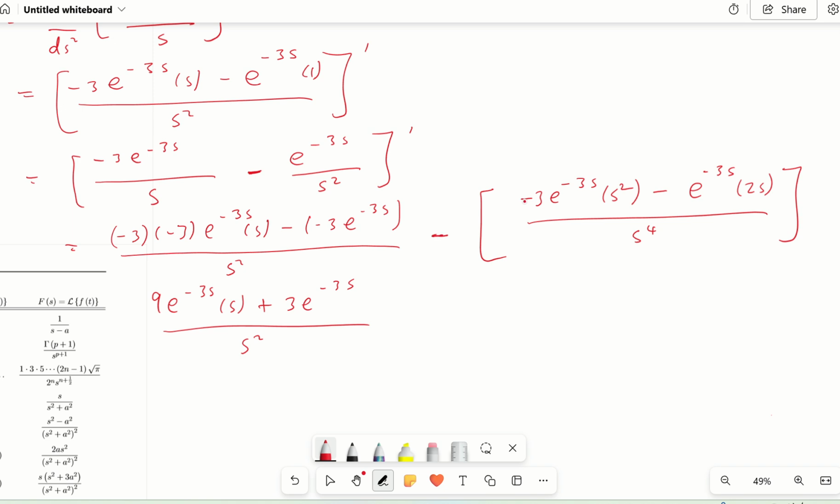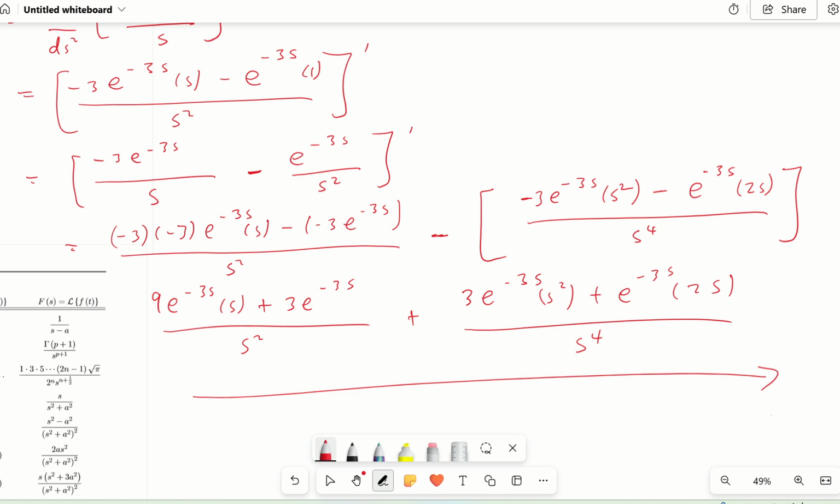This minus is going to be positive because of this, so this is all positive: e to the negative 3s s squared plus e to the negative 3s multiplied by 2s all over s to the 4. So here is the final answer.